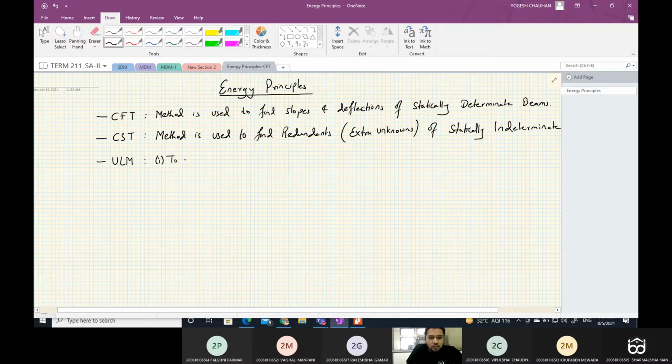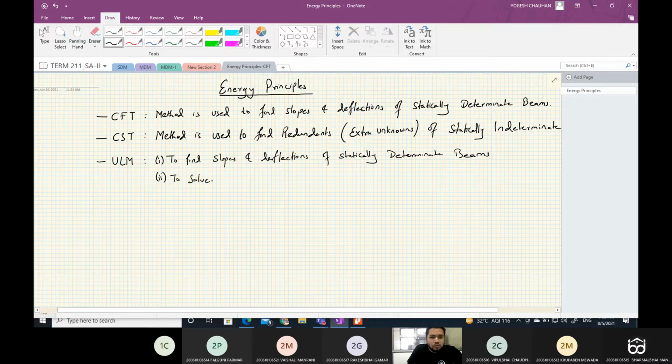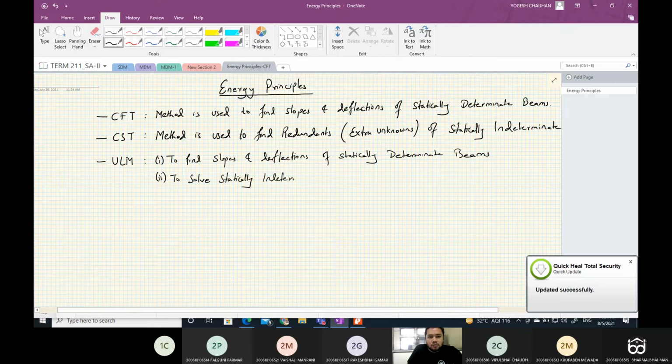One, to find slopes and deflections of statically determinate beams, and second, this method can also be used to solve statically indeterminate beams.